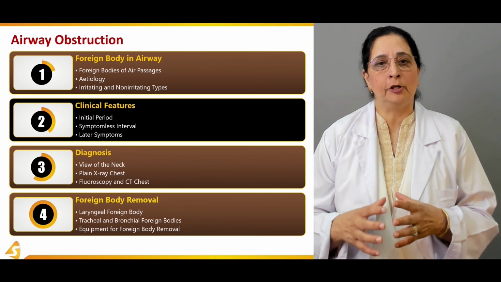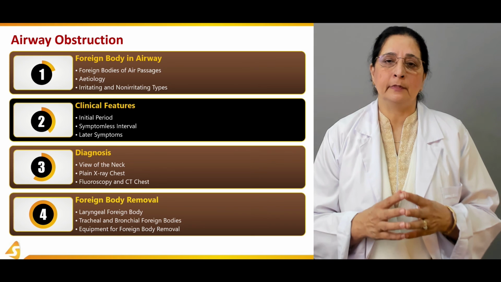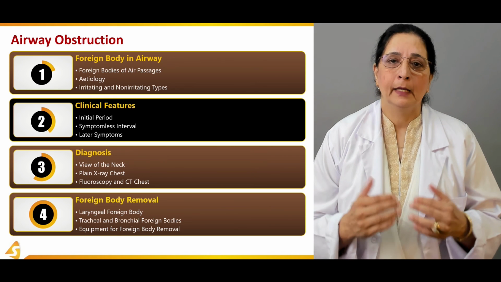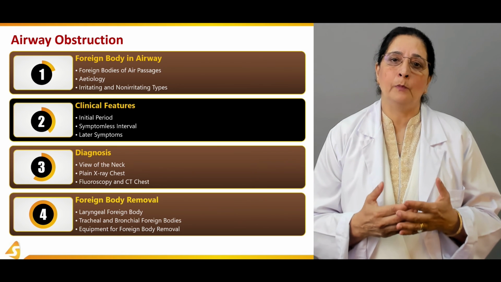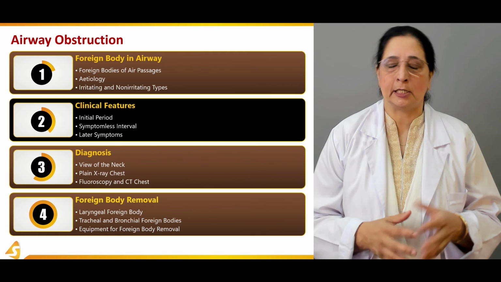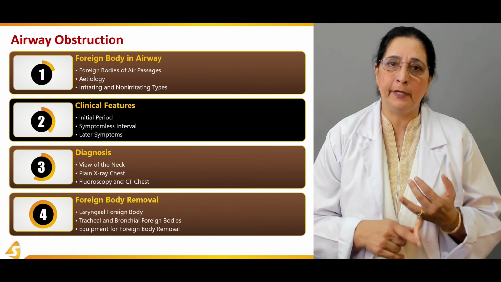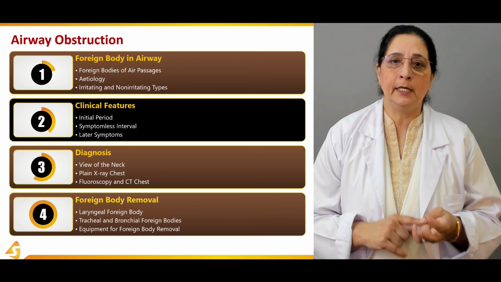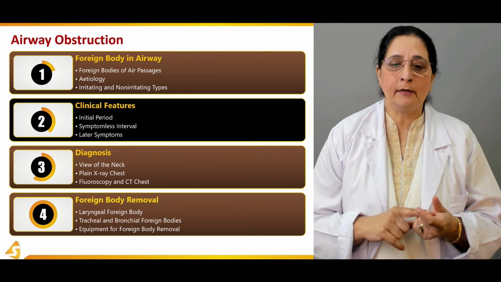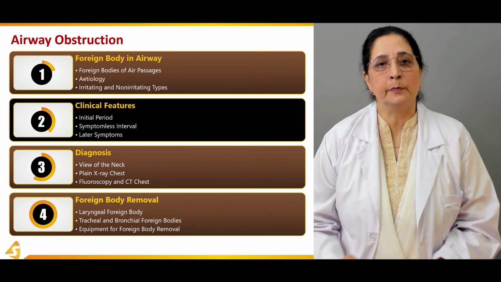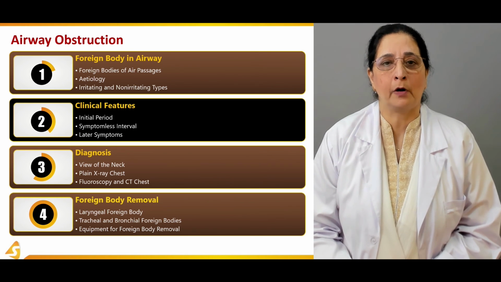And then in the third, the late symptoms produced by the presence of a foreign body in the airway passages. So we will cover all these one by one: the initial period, symptomless period, and then the late phase or late symptoms produced by the presence of a foreign body.